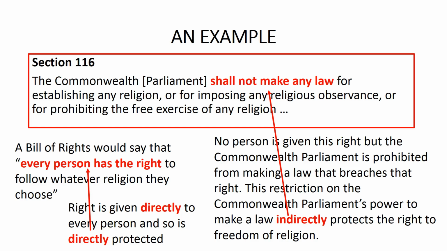This restriction on the Commonwealth Parliament's power to make a law indirectly protects the right to freedom of religion, because even though you and I don't actually have the right to freedom of religion conferred on us by the Constitution, it does stop Parliament from making a law that restricts freedom of religion.